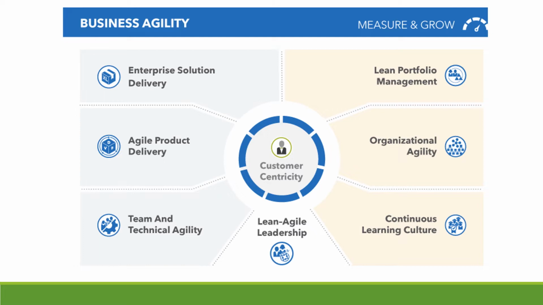Right? These are the 8 components of business agility. If the organization focuses on all these 8 areas, experts feel that the organization will get a superior score on business agility. So let's look at each one independently.